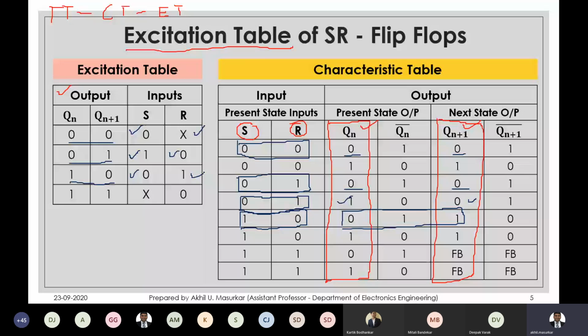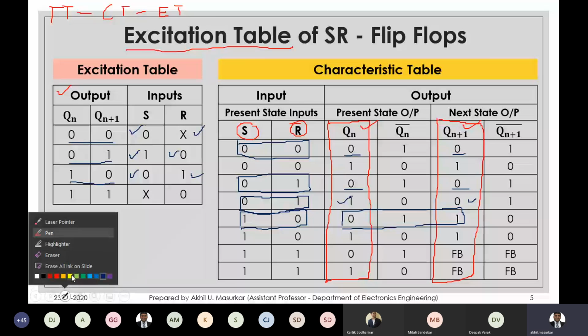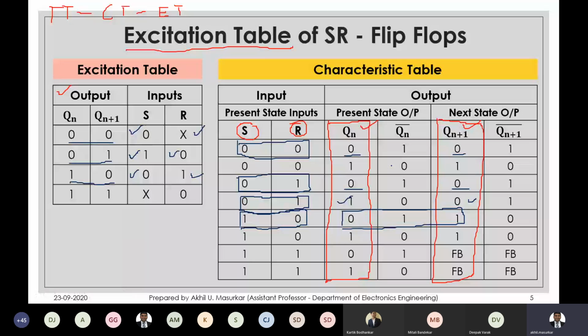And 1 and 1 we have in two places again. So here we have Qn and Qn plus 1 as 1, 1, and here also Qn and Qn plus 1 are 1 and 1.